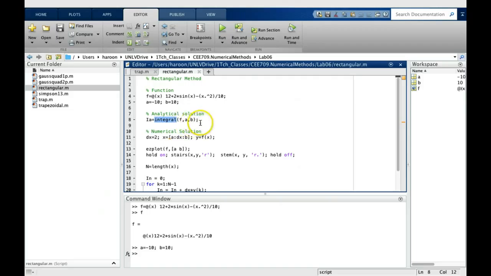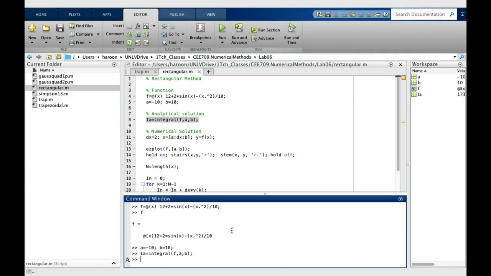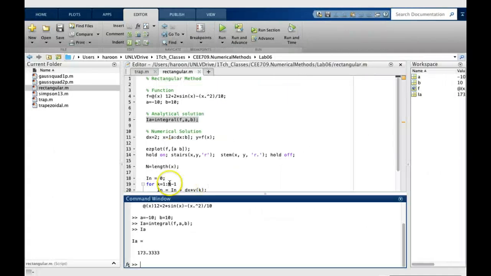Of course this is doing numerical integration, but it's good to see that it's a very well optimized method in MATLAB, and we will use its result to see what we get. You can see it gives us 173.33, which we saw was the analytical solution. So we can treat this as the analytical solution.